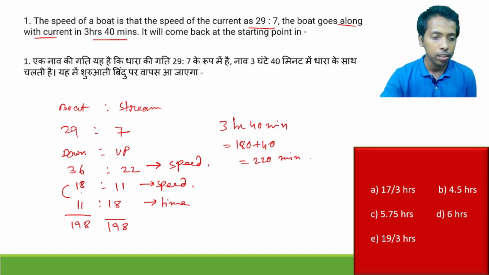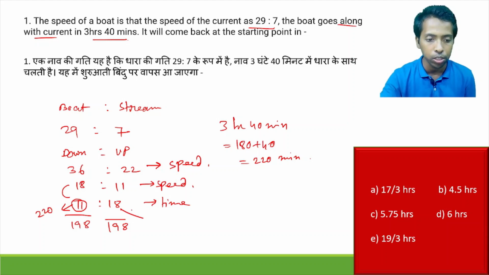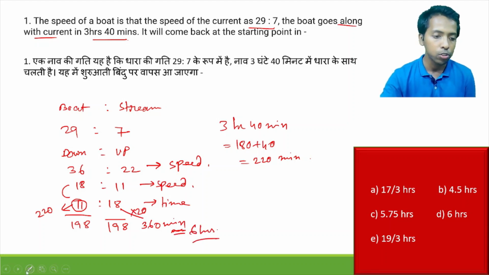So this is the time ratio, and this 11 unit is equivalent to 220. Obviously, multiply this by 20, so this also gets multiplied by 20, that is 360 minutes. 360 minutes is equivalent to 6 hours, right? So 6 hours is the answer here. It will come back to the starting point in 6 hours. Option D, the correct one.